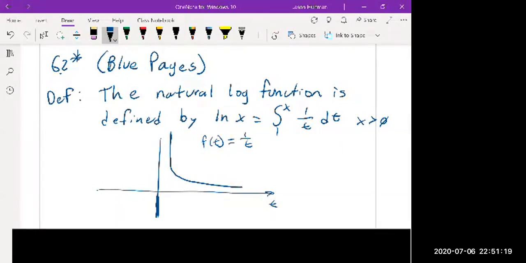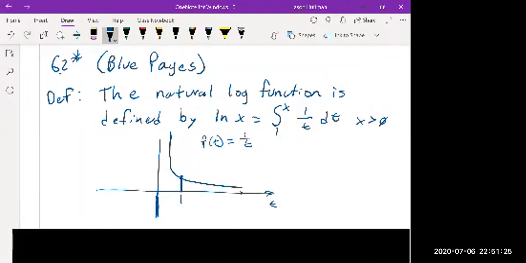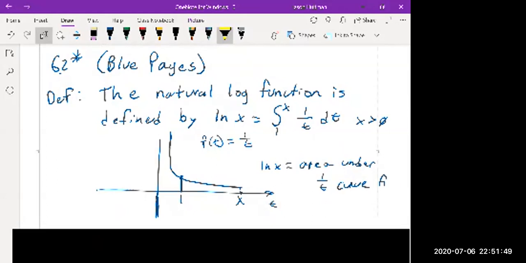We're going from 1 to x, and the natural log of x is equal to the area under the 1 over t curve from 1 to x. That's the calculus definition of natural log.